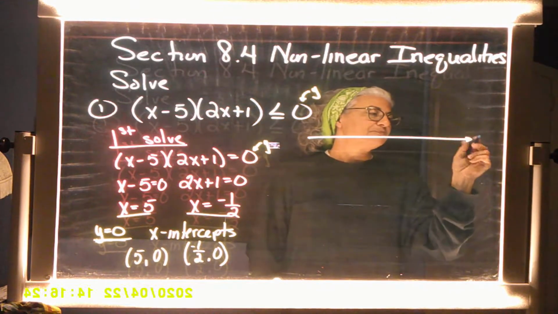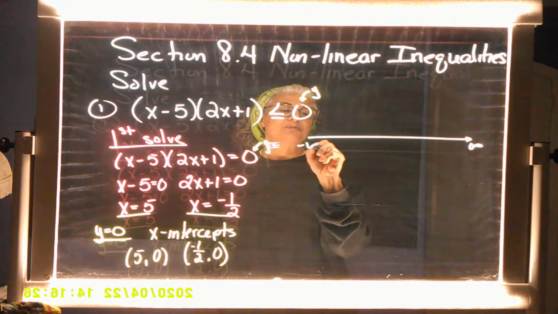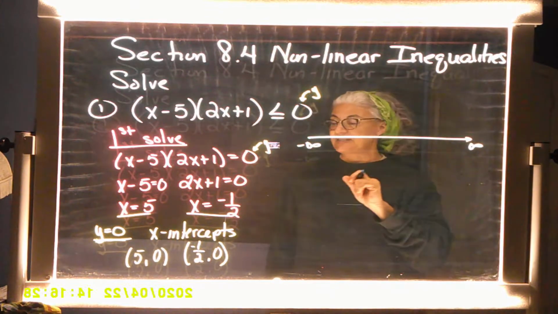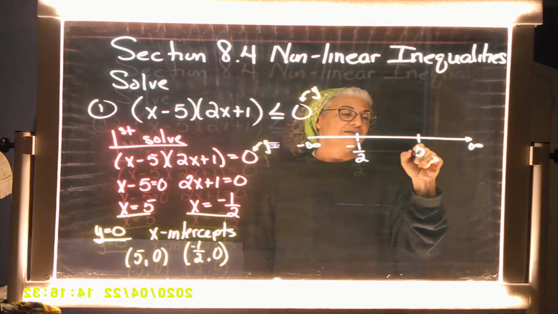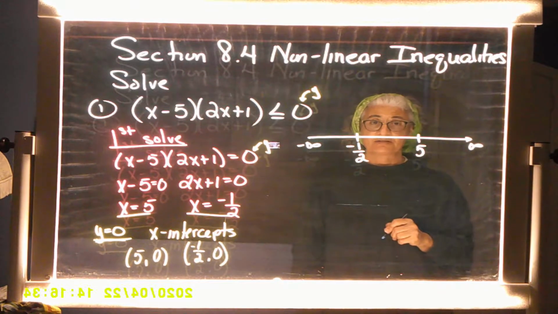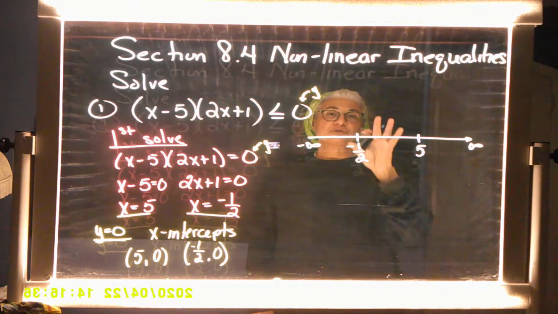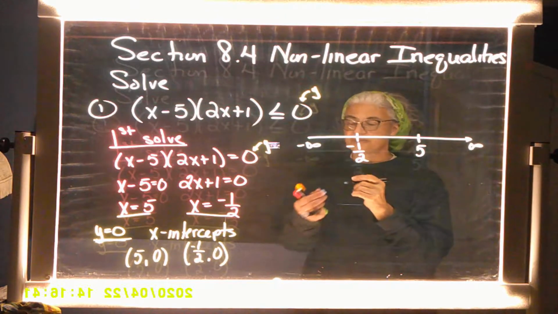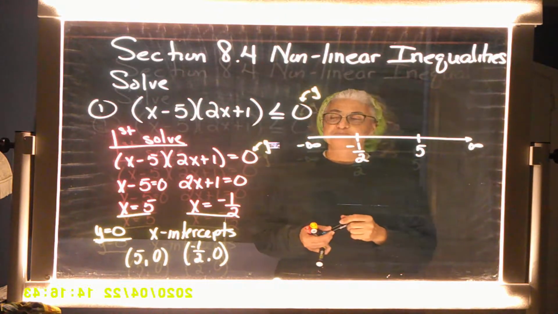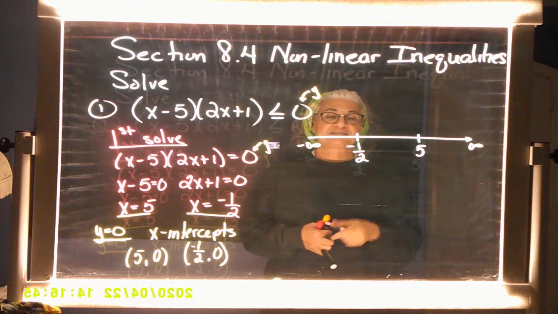And the only numbers I really care about on the x-axis are negative 1/2 and 5. Good? Now, by the way, I could also put the y-axis in here, but trust me, it's going to be easier for it not to be in here. Now, let's take a look at this.